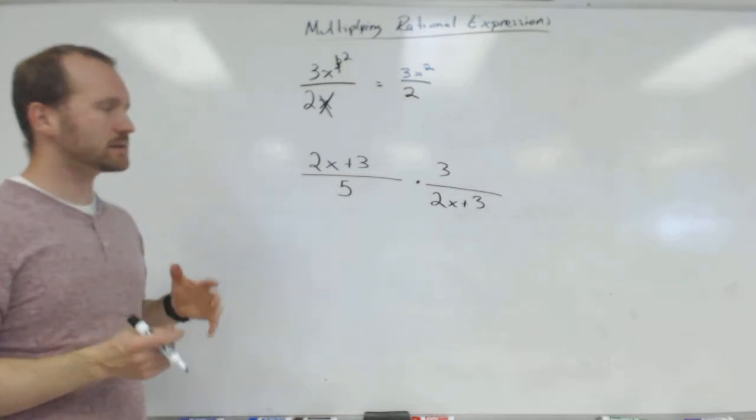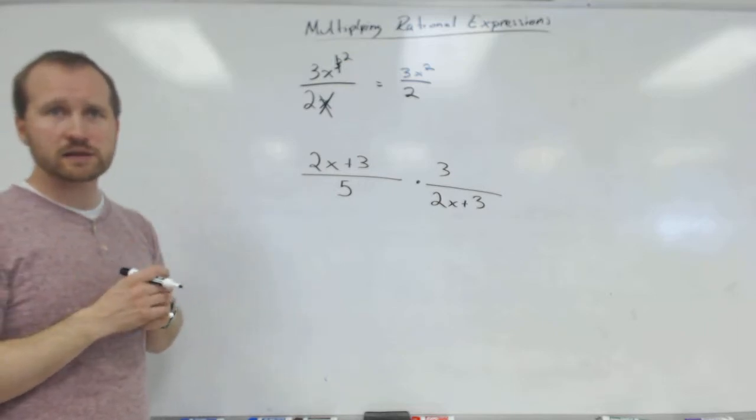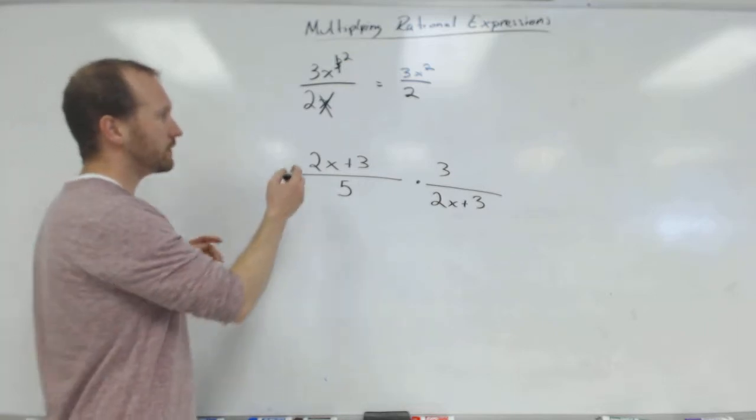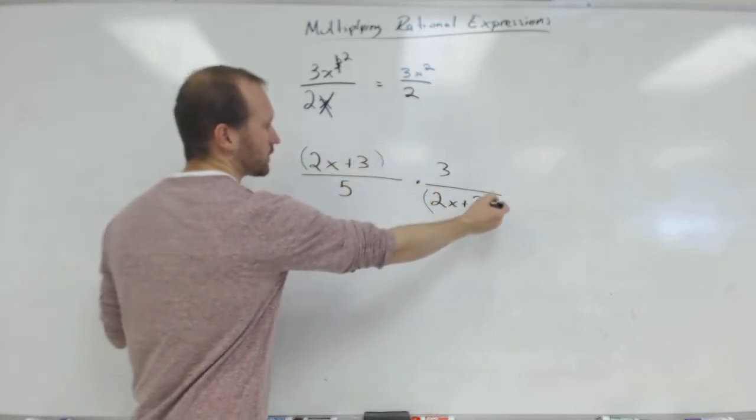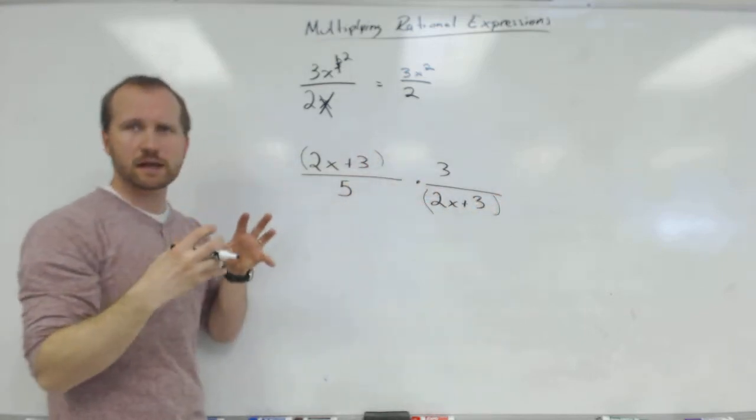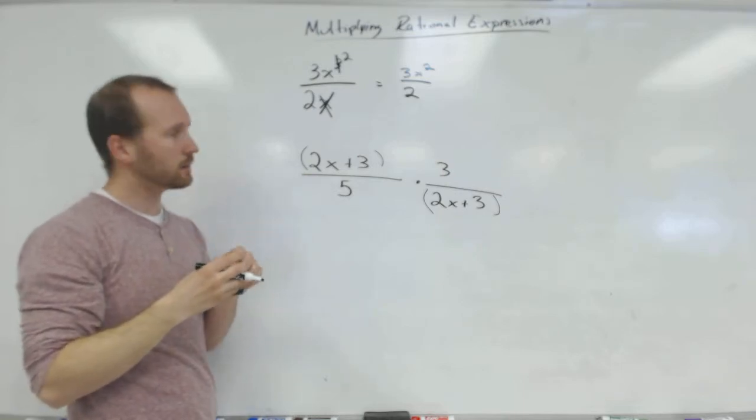One way to think about this is numerators and denominators always have parentheses around them. There's like an invisible parentheses here. So we're looking for things that are inside parentheses in a way.